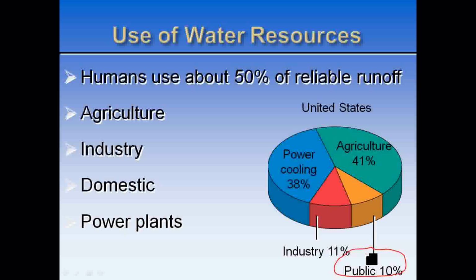For instance, you're not allowed to run your sprinklers except for 2 days a week, depending on what side of the street you live on. I don't think anybody's ever been arrested for watering their lawn too much. But we have a lot of efforts in place to control what the public uses. We'll talk about some of the conservation methods that are used for this 10%.